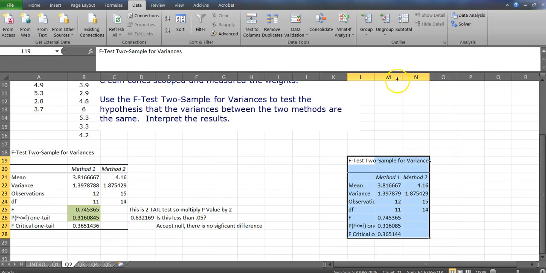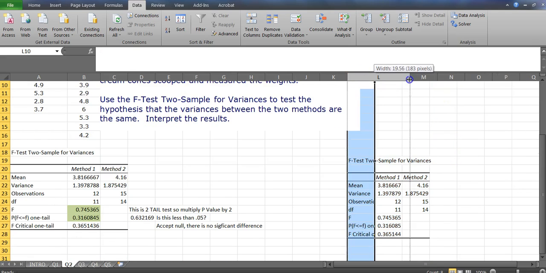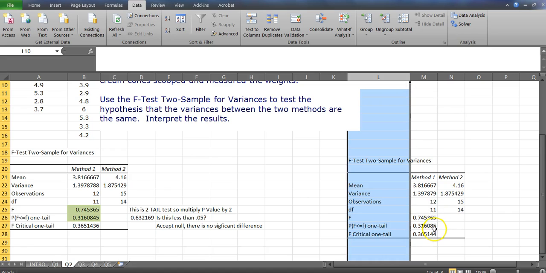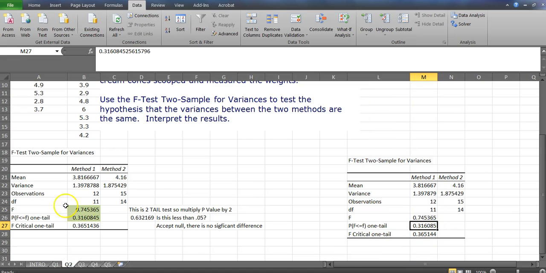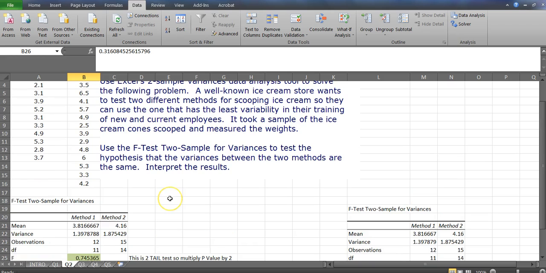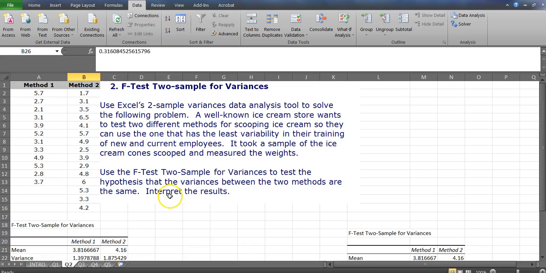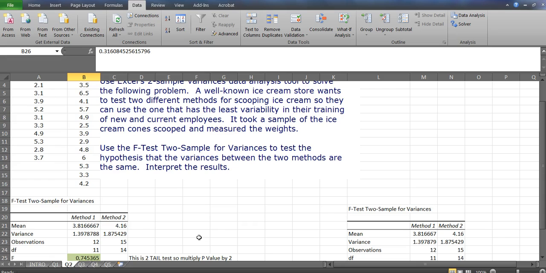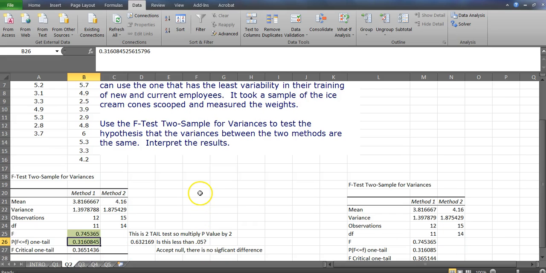What you want to pay attention to here, again, is the p-values. So I'm going to move back over here. This is a one-tail test, and the hypothesis being tested in this question is that they're just the same. So the hypothesized difference is 0.